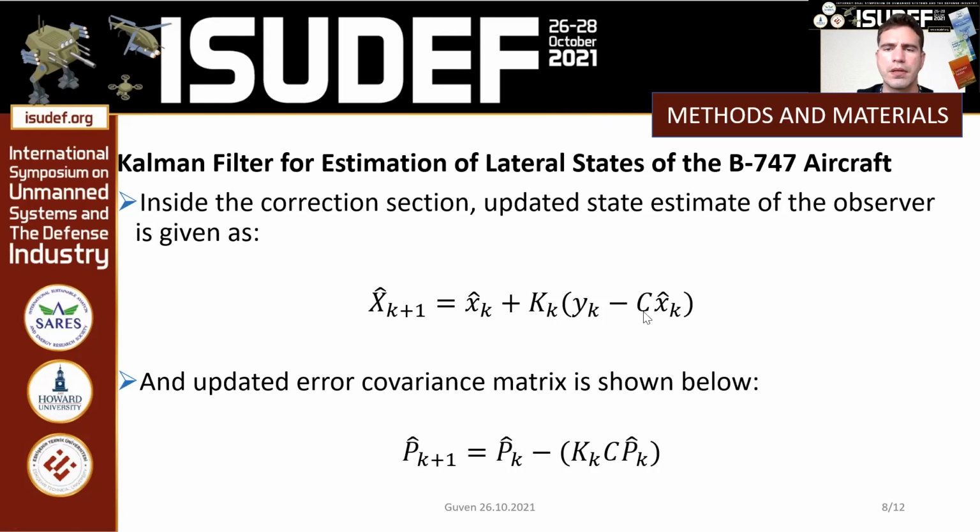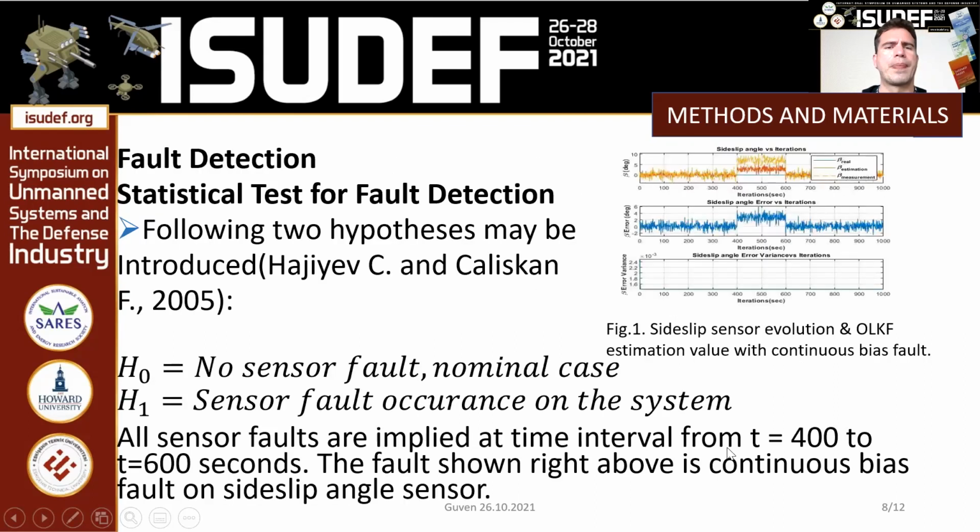Yeah, okay. And here, this is the updated estimate of the observer, and also the covariance matrix is updated in relation to the alteration of the Kalman filter gain and the previous error covariance matrix.